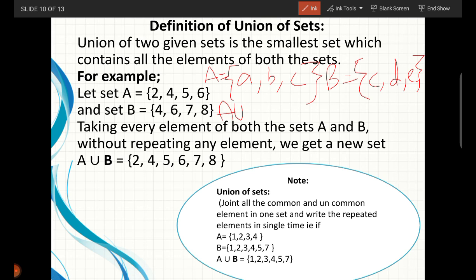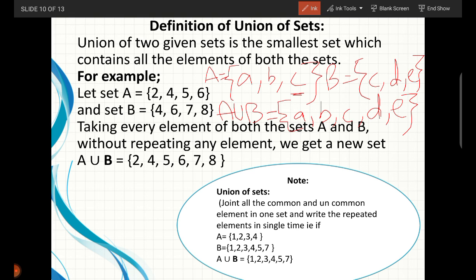You will write A union B. Now you have to join all the common and uncommon elements. So A, B, C. C is the repeating element, so you have to write it only one time. The rest of the elements are D and E. This is the way to find the union of two sets.